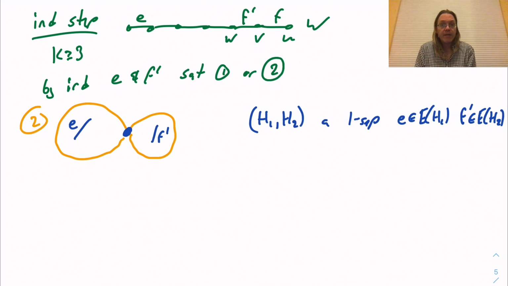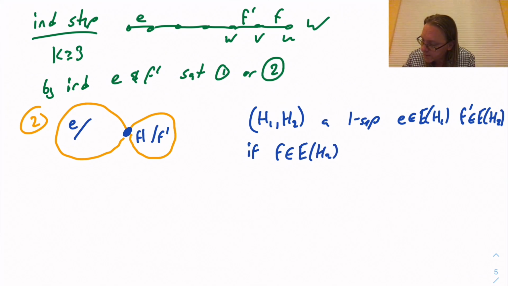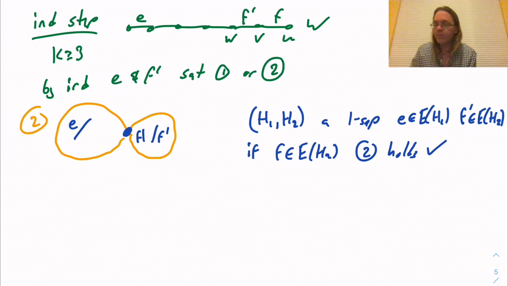So let's ask about the edge F. Where's the edge F? Well, I've got a 1 separation. F has got to be on the left or on the right. Suppose F is on the right. Oh, then we're done. Then we have outcome 2, right? If the edge F was an edge of H2, then 2 holds for G. And that means we'd be done, right?